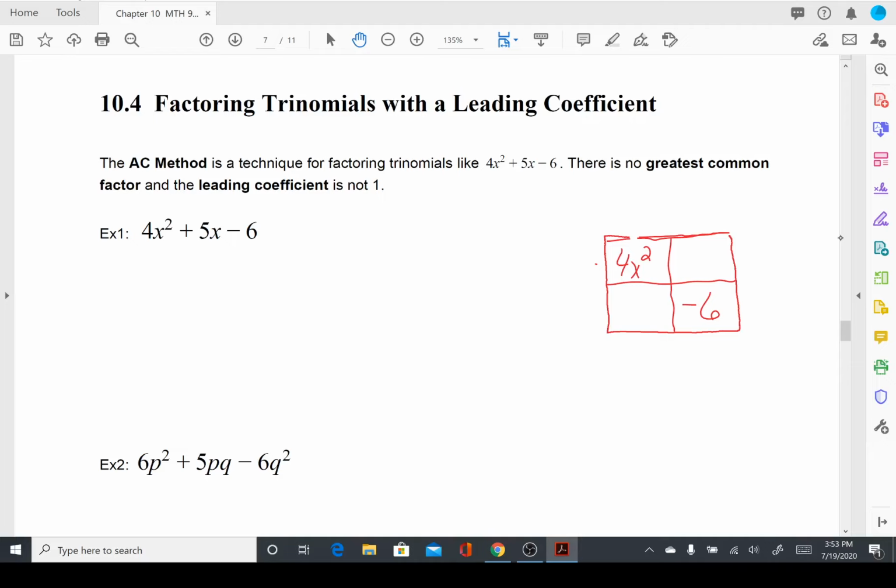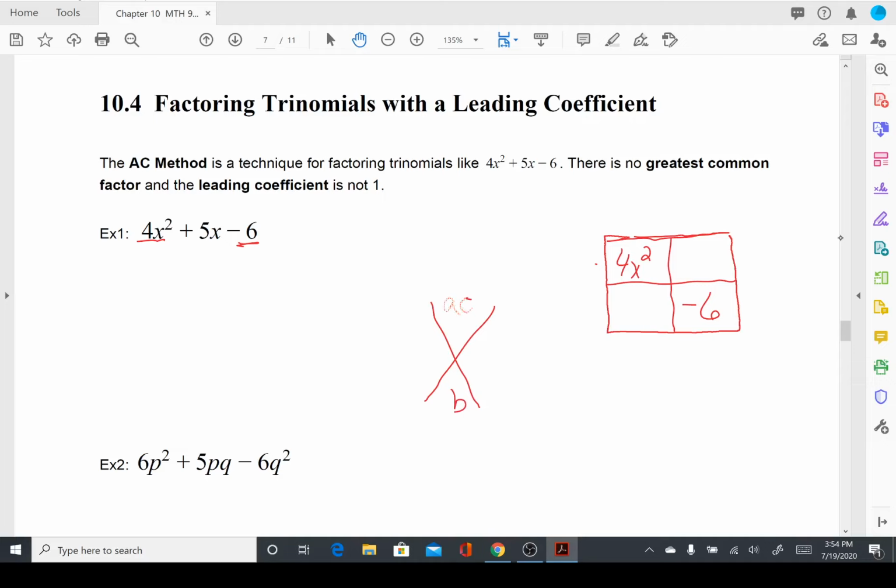And so the method for figuring out the side lengths has another step that you can go through, and it's called the AC method. What you do here is you multiply your A and your C terms together, and your A and your C terms are your first and last terms, and you put your middle term, your B term, down below.